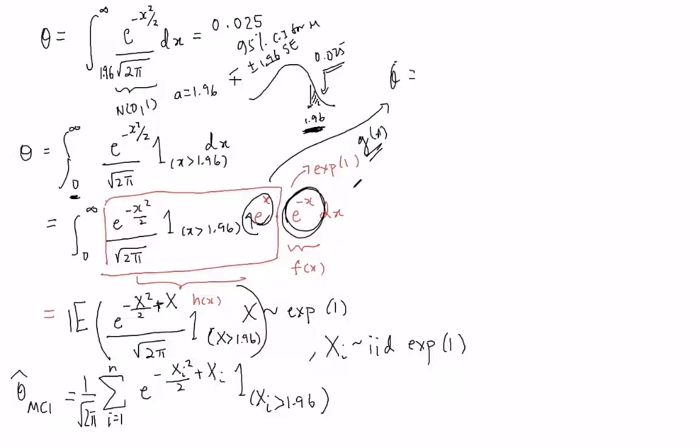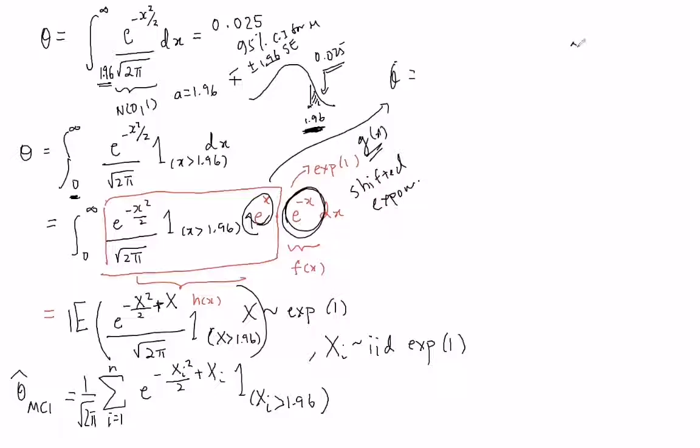A natural candidate is to use a shifted exponential, because you're integrating from 1.96 to infinity. So you have a shifted exponential that is starting from 1.96.